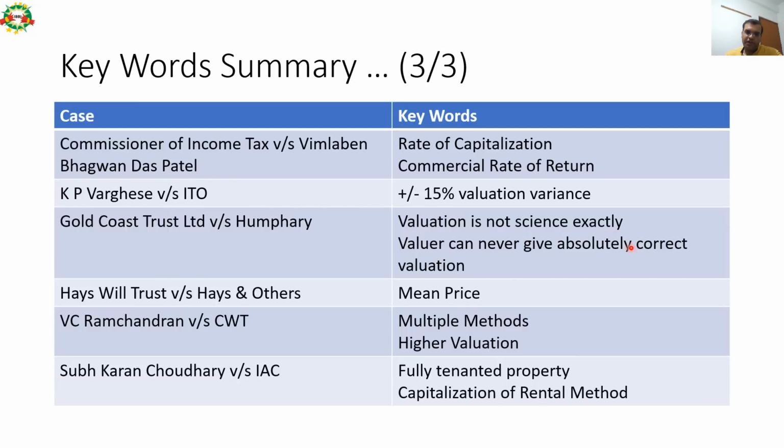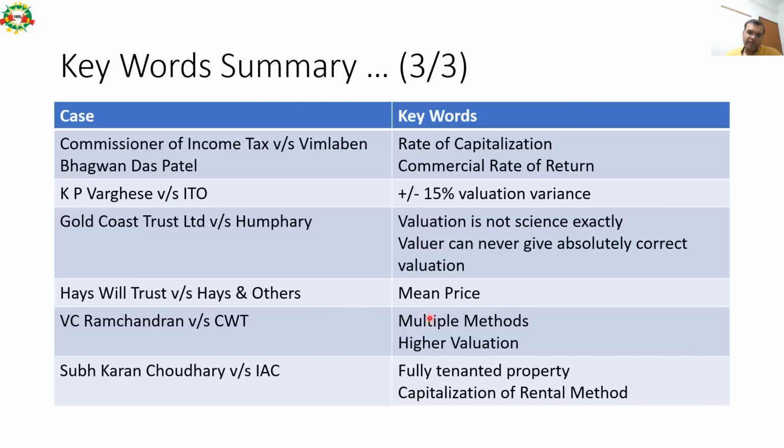If the keywords are that valuation is not an exact science, and a valuer can never give an absolute, correct valuation, then please tick mark Gold Cost Trust versus Humphrey. If the examiner is asking about mean price, then we have to click yes on the case study, the legal case of Hayes Will Trust versus Hayes and others.